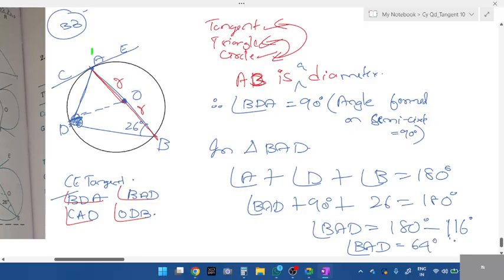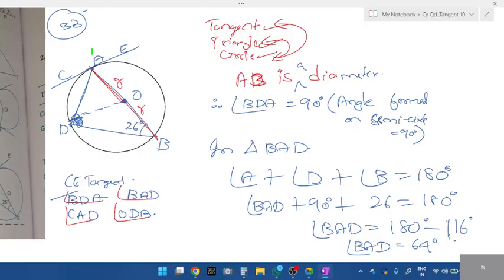Correct, 64 degrees. Nineteenth chapter, 33rd question.